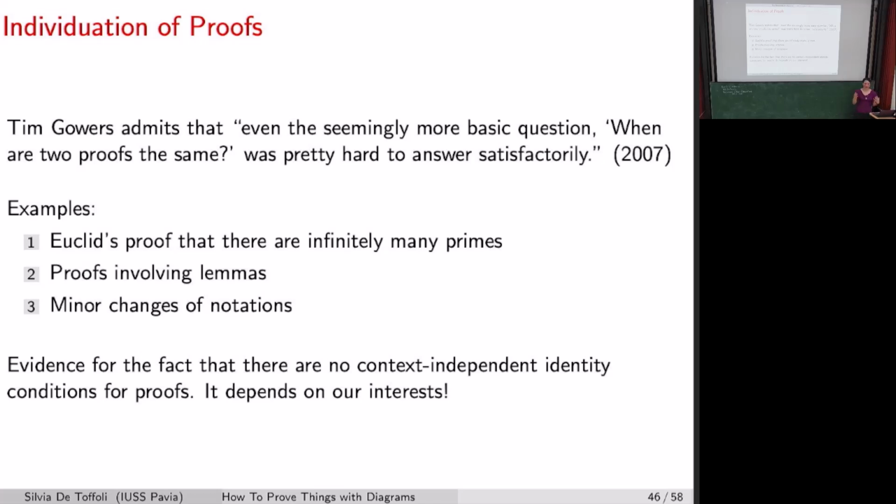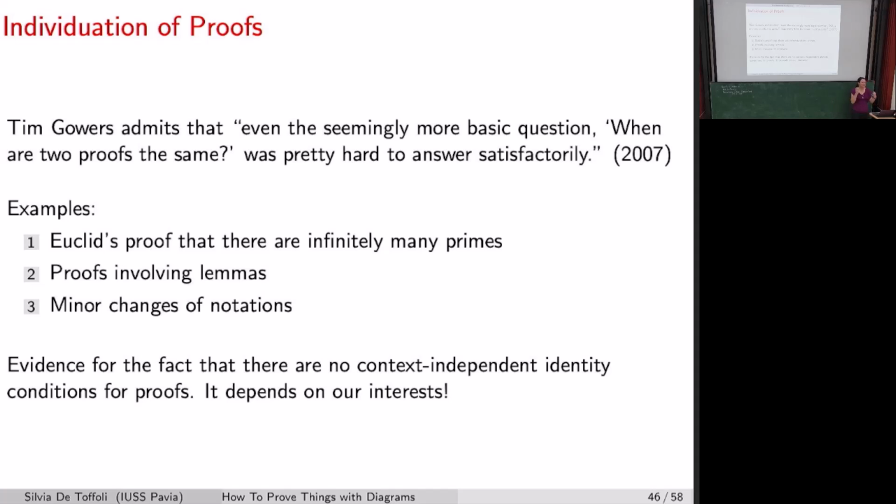In fact, there are a lot of controversial examples, for instance, a proof involving lemmas. I have one lemma before the other. If I change the direction of the lemma, is it the same proof or not? It seems it's probably a different presentation of the same proof. Maybe I can present the same proof in Italian or in English. Or Euclid's proof: some people say it's a proof by contradiction, so it's not Euclid's proof of the infinitude of primes.